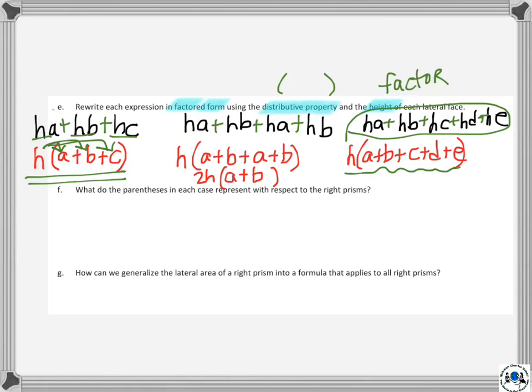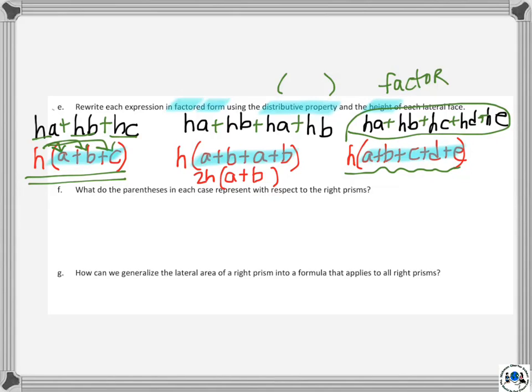What do these three values represent in the case of the right triangular prism, whereas these would be the right rectangular prism, and these would refer to the right pentagonal prism? I want you to think about that. Go back to the drawings, to the work you've done in the binder, and ponder that, and come on back and tell me.